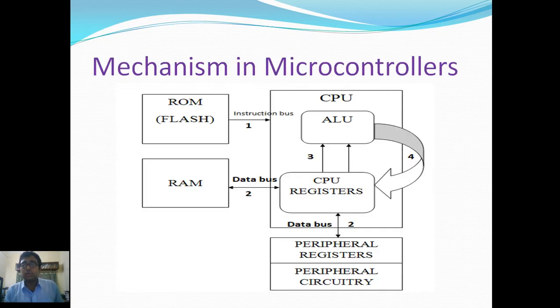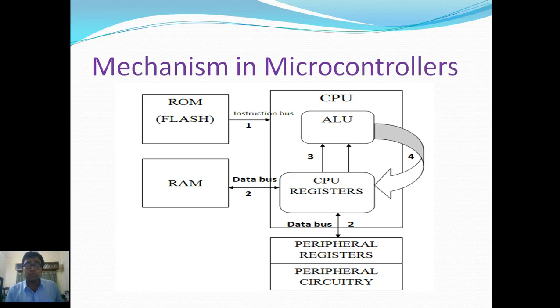Now, the mechanism in a microcontroller, how it works. It works very simply. Through a data bus, we connect the peripheral device. The peripheral devices, peripheral registers, and peripheral circuitry are connected to the data bus. Through the peripheral registers, the data will be driven into the CPU register.